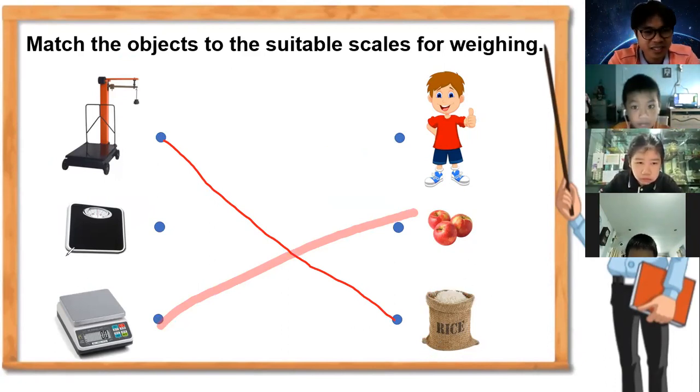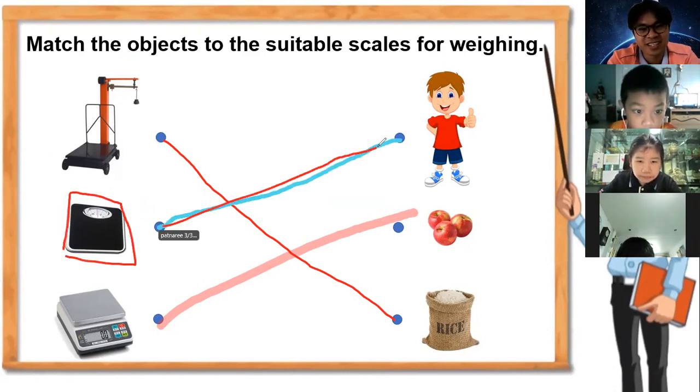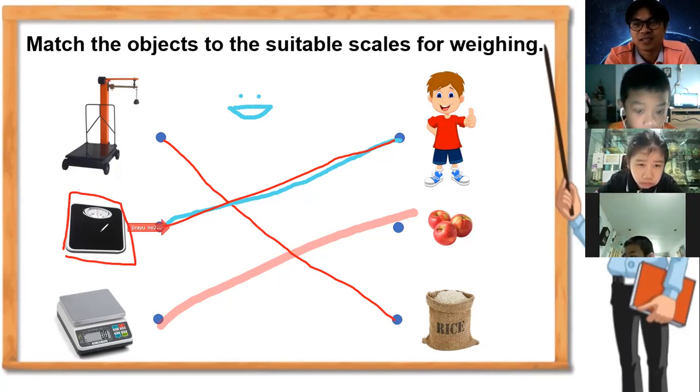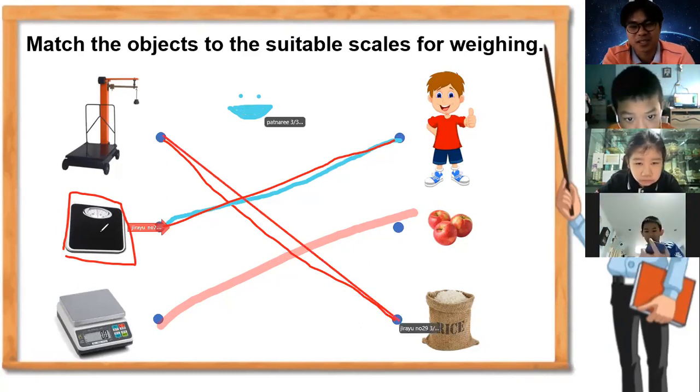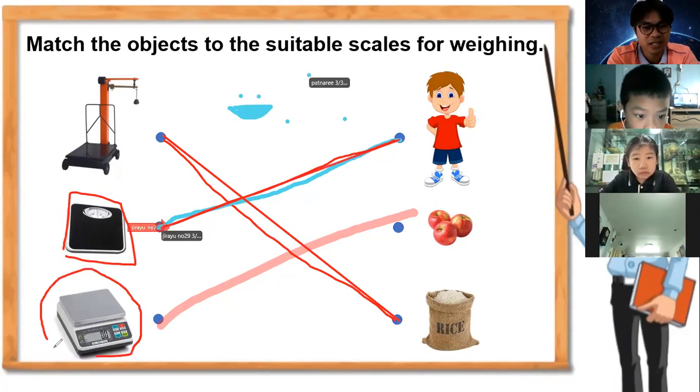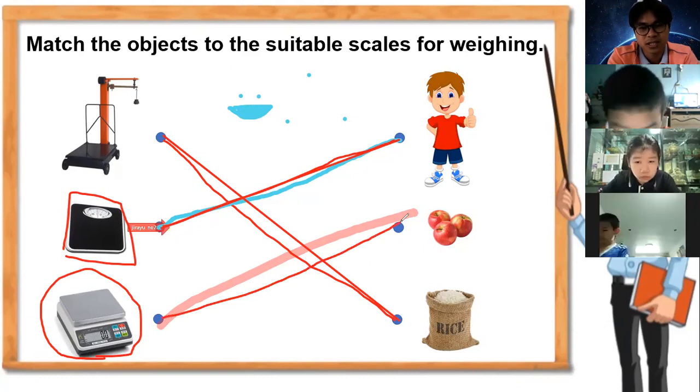And this one, yes, it's for humans. If you want to know our weight, you just step on this scale and we will know our weight, the measurement. And this one is the digital type used to measure objects like fruits.